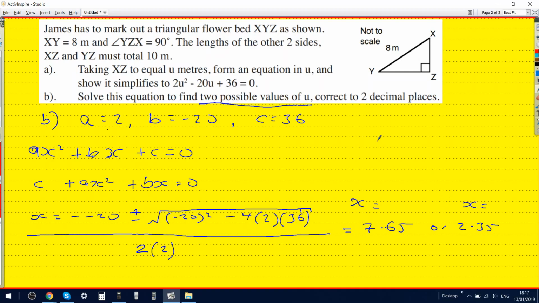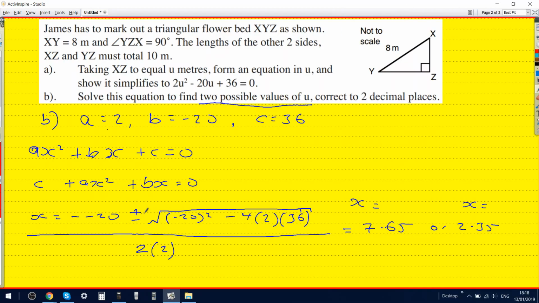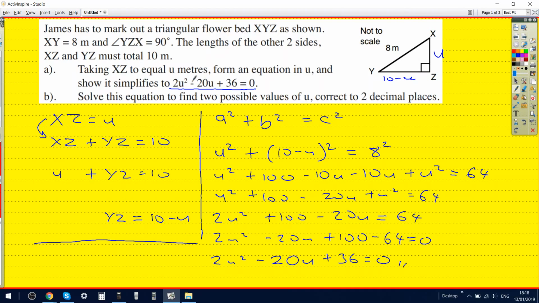So, sorry, which part ended at? It says part A. Where was part A basically? Part A was on the previous page, when we created 2u squared minus 20u plus 36 is equal to 0.